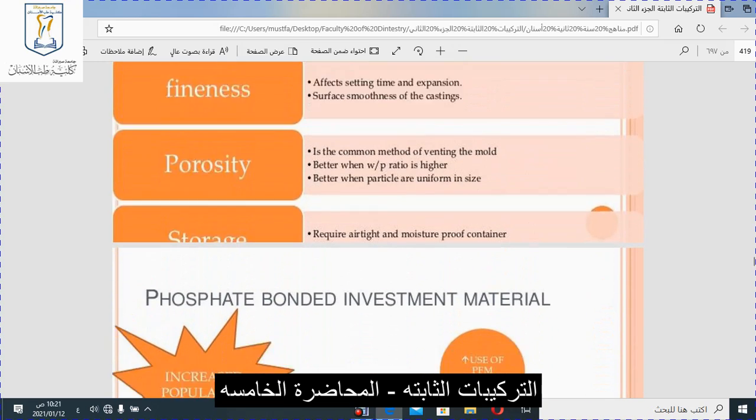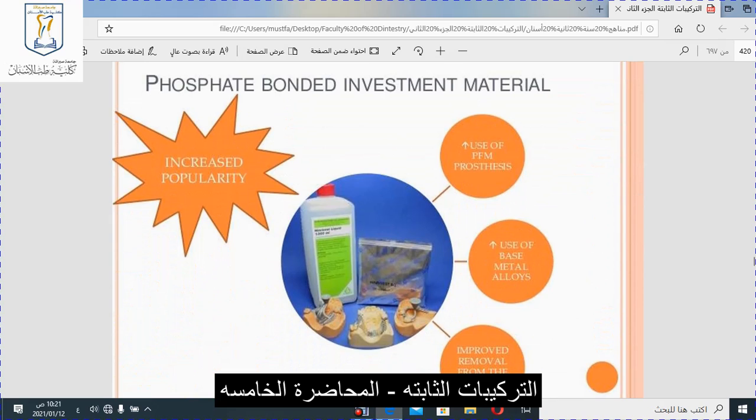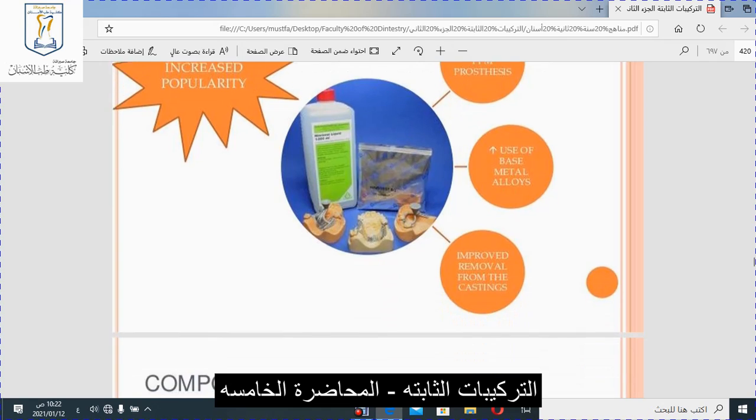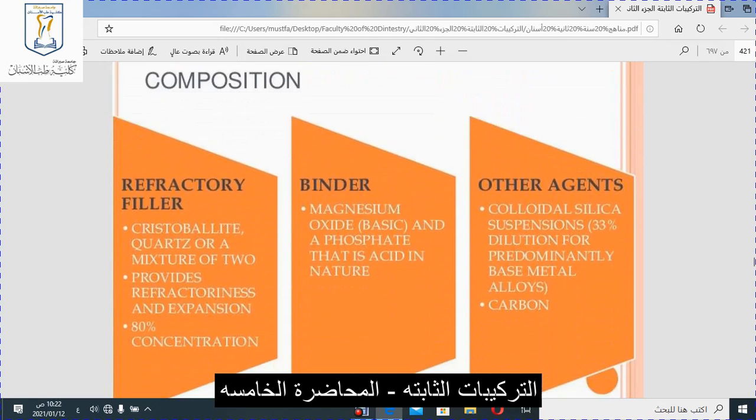So we have to either approximate the end of the investment 2-3 millimeters beyond the margin of the ring, and we have to use the ringless cast, either a ring made from paper or plastic, and after setting we have to remove it and expose the investment material directly to the heat. And we have to do venting to let the gases escape.